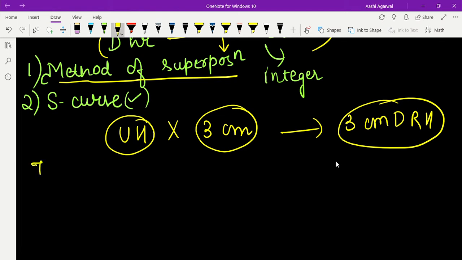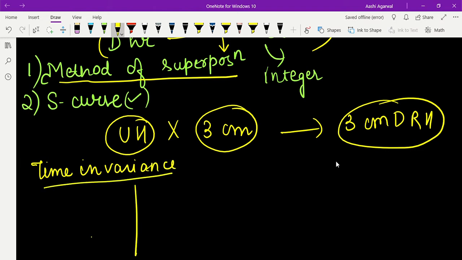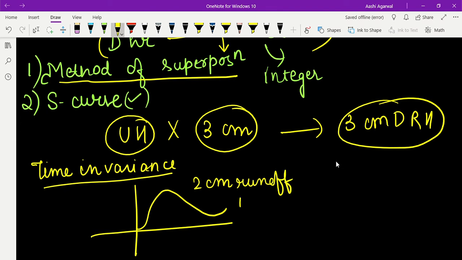So ordinates of UH I can multiply with 3 centimeter and I will get 3 centimeter DRH. Now there is one thing that is called time invariance. Time invariance says that if you get a hydrograph, let's say DRH or UH for that matter, due to 2 centimeters of runoff in the morning, you will get the same hydrograph in the evening due to this particular centimeters of runoff.